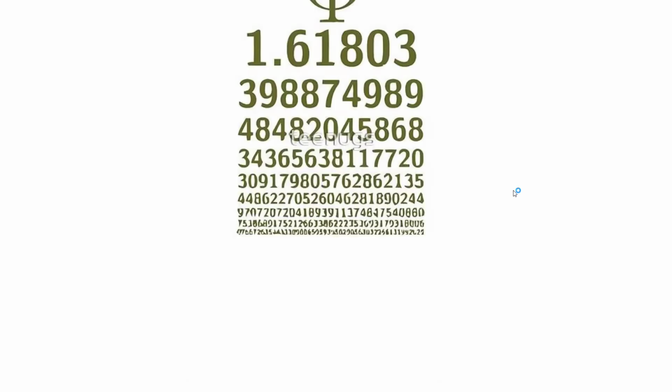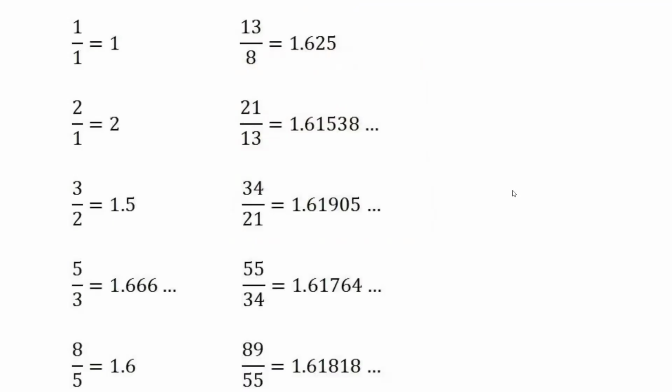And here is that number that emerges from the spiral, a never-ending decimal, an irrational number. Infinitely precise. And here is how that number emerges from the Fibonacci sequence, right?